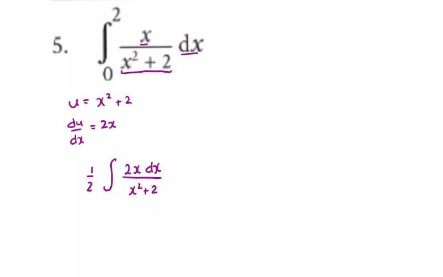So now what we have is half times the integral between 2 and 0 of 2x dx, which I'll just put the dx here and cross it out here, which is du, over x squared plus 2, which is u.